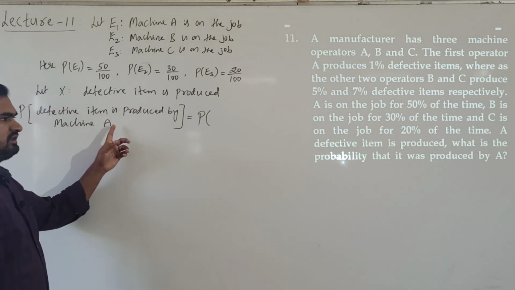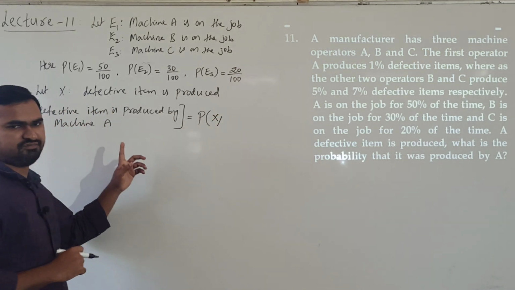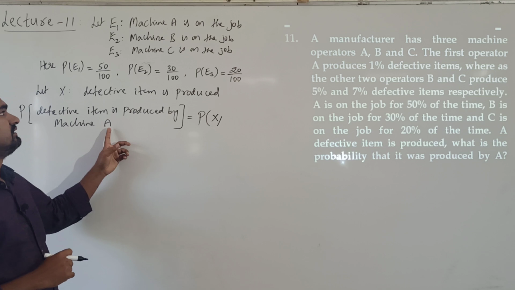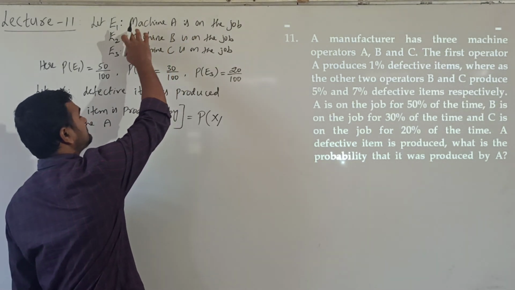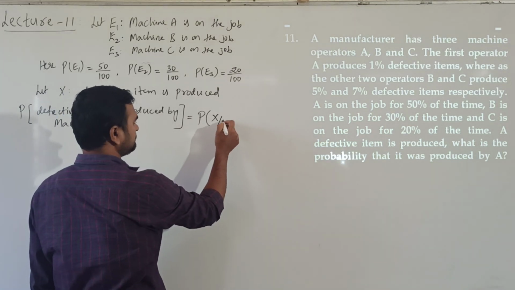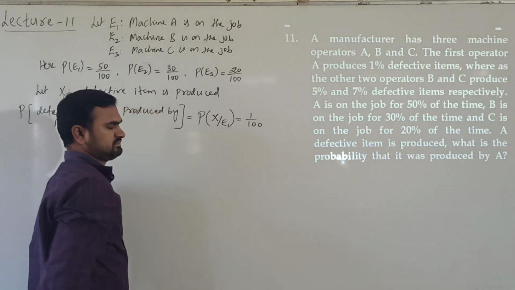Probability of defective item is produced X, given which event has occurred here? Given machine A occurred. So if machine A is selected, what is the chance that it is producing a defective item? So P of X given E1 is 1%.